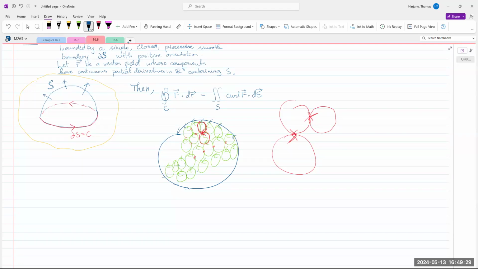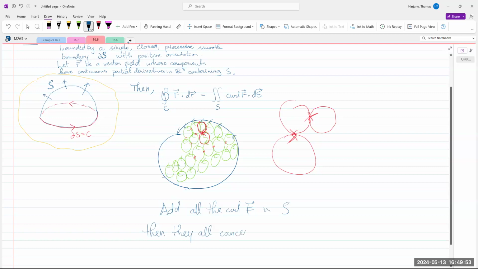So if you add all the curl of that vector field F on that surface S, they all cancel except at the boundary.